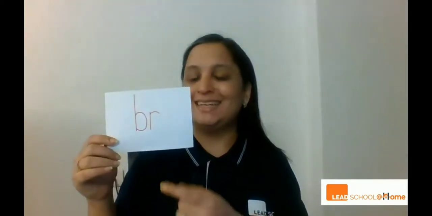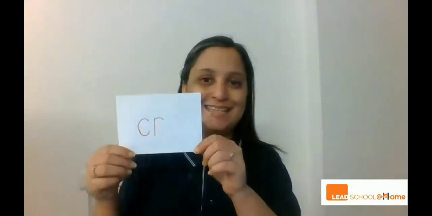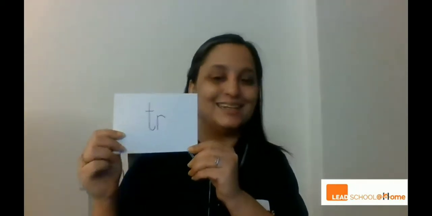Students, in our last classes, we have done blends. Now I want you to tell me which blend is this? Yes, this is br. And this cr. And this gr. And this one tr.